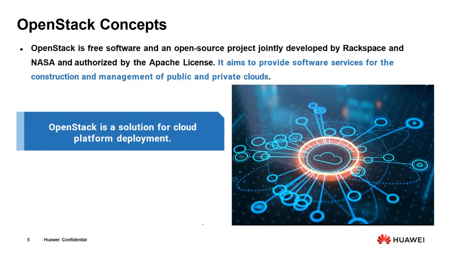So we may need an application software that will help us create all the cloud services that we need and also manage them. So OpenStack is nothing but a software that can help you create a cloud environment and also manage whatever aspect of cloud that you are able to create.